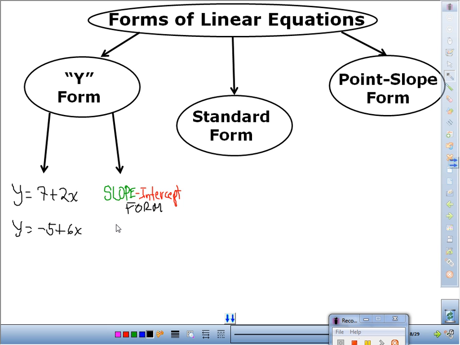What does that look like? That form looks like this: y equals mx plus b.